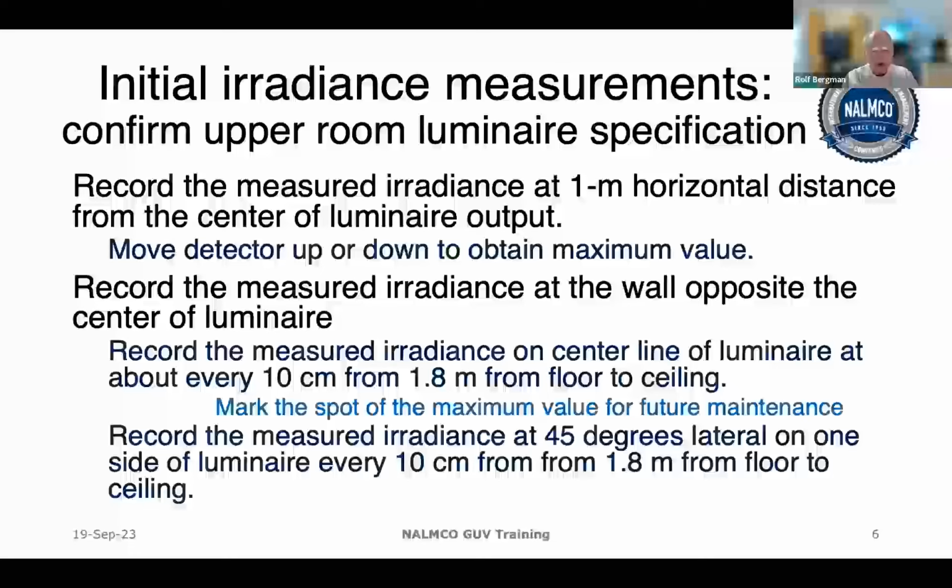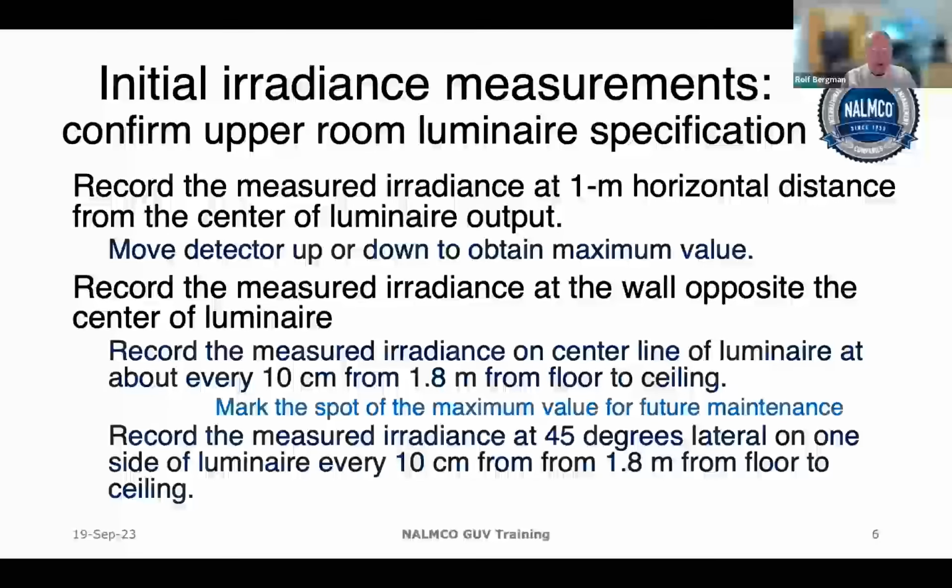You also want to record the irradiance measurement on the wall opposite the center of the luminaire. So in line with the 1 meter, go to the opposite wall and record the maximum reading that you get at the center of the luminaire. It doesn't have to be the maximum, but record it at a given distance, like 2.1 meters or 7 feet or 8 feet.